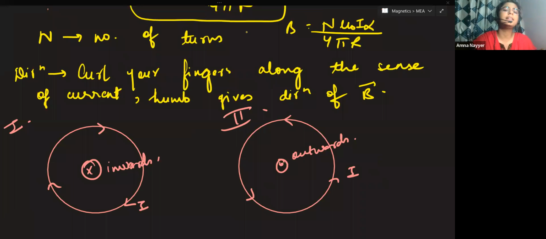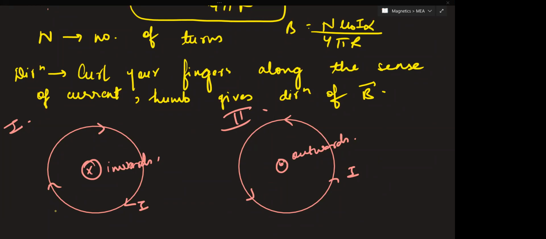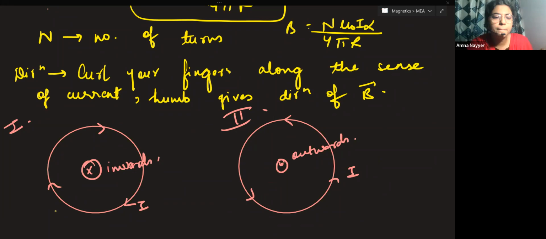Apart from this, we had seen infinite and semi-infinite wires. So Sneha, can you tell us what was the magnetic field due to an infinitely long wire? Yes, Sneha, just try. I'll help you with it. You're not audible, Sneha.